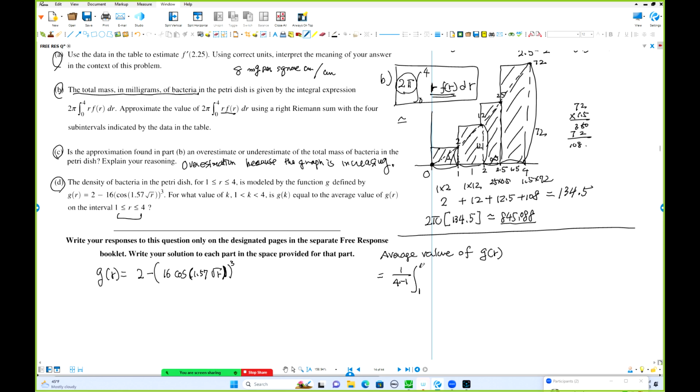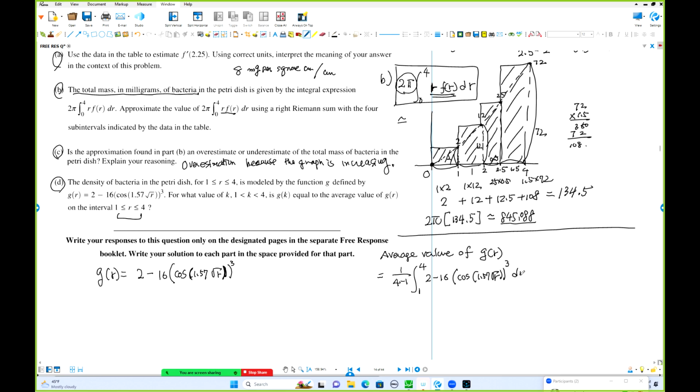After that, integral from 1 to 4, okay? G is 2 minus 16 cosine, 16 is outside, right? 16 outside. Over here, cosine of 1.57 square root R and the cube, okay?